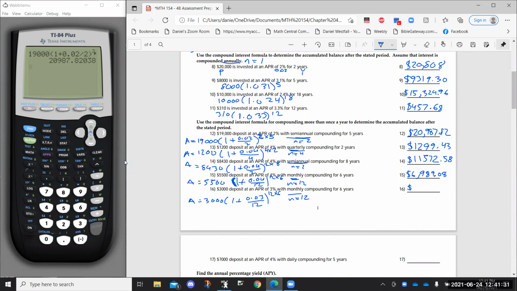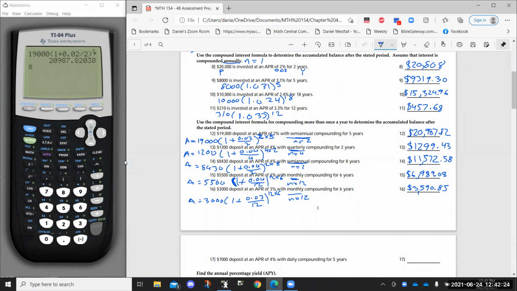And this one is 3,590.85, and I'm just going to check all my answers on the answer key to make sure I didn't make a silly handwriting mistake. 20,987.82, 12,099.43, or 1,299.43. 11,572.58, 6,989.08, and number 16 is 3,590.85.